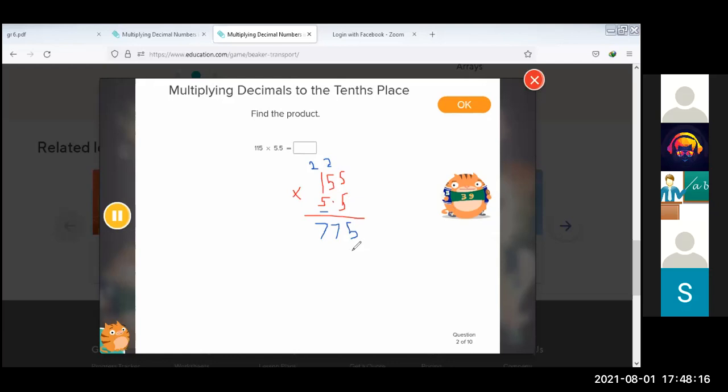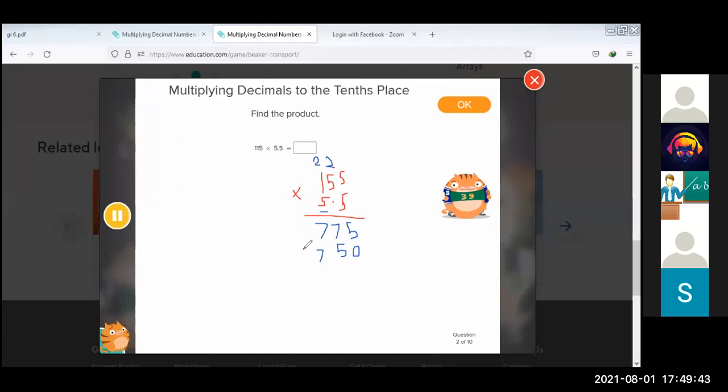It means I will put 5 here and 2 up like this. Yes, 5 and 2 up. Then 7 and 2 up. Yes, 7 and 2 up.